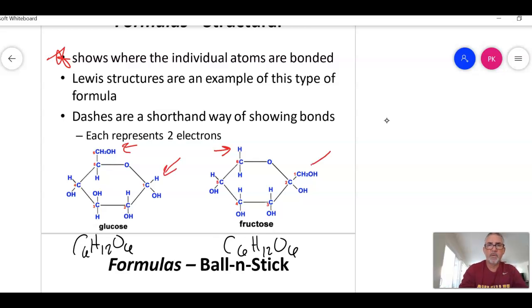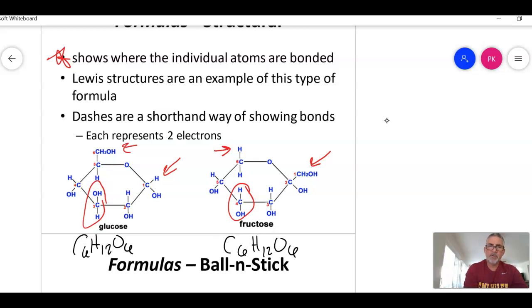I've got a hydroxymethyl group up here at the 1 carbon on fructose, and it's at the 6 carbon on glucose. We also have some rearrangement right here of a hydroxyl group. So there are some slight differences.